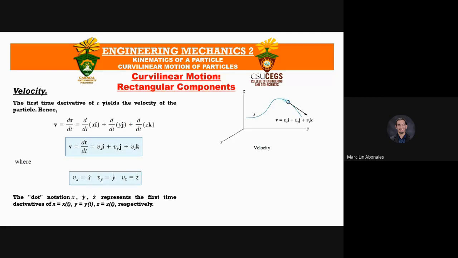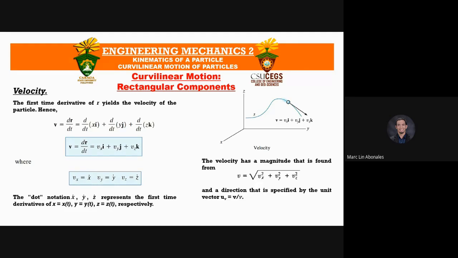And what I mentioned kanina sa general curvilinear motion, the velocity is tangent sa imong curved path. That's why mao na ang location sa imong velocity sa imong particle. And from the vector form of your velocity, the velocity has a magnitude that is found from this formula. That is the sum of the squares of your components, then square root.